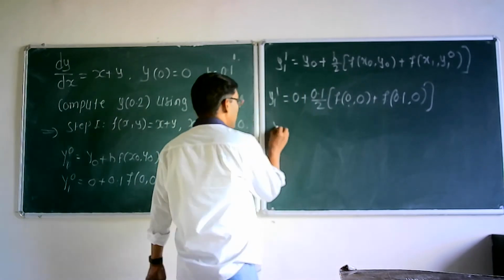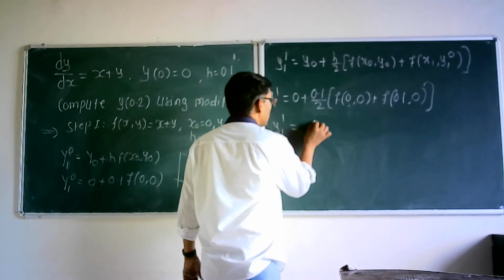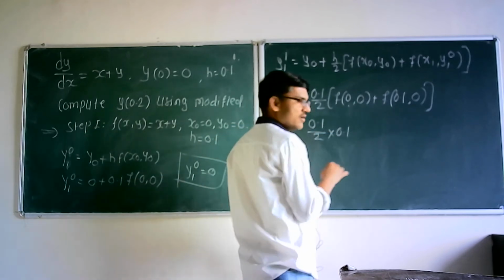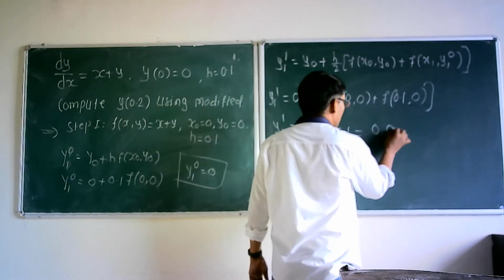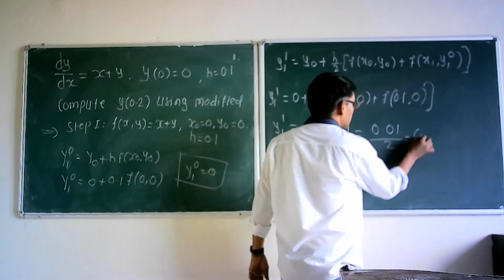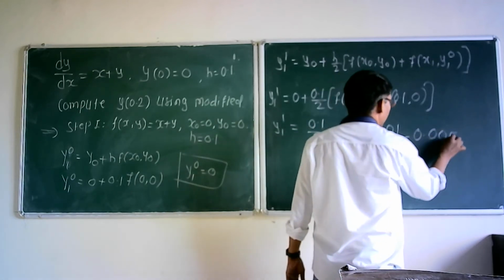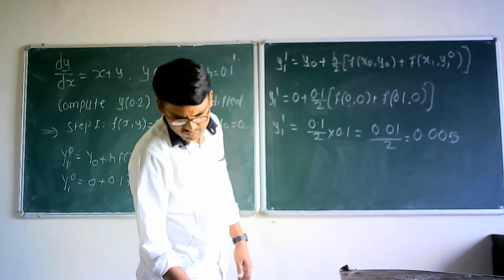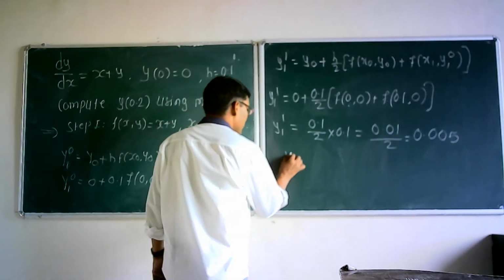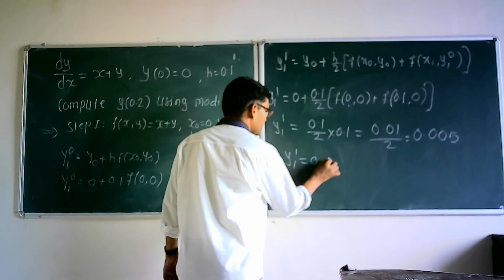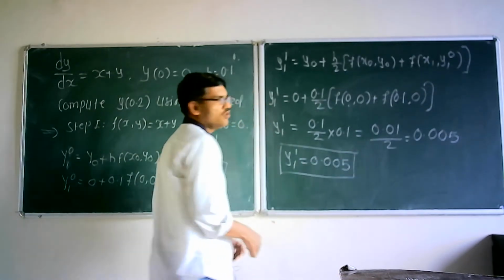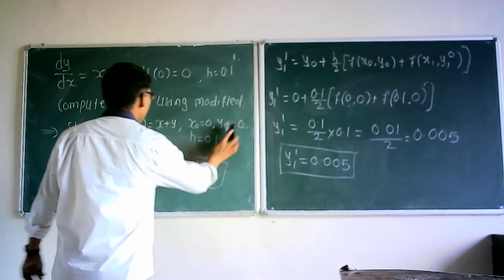So y1 1 is equal to 0.1 divided by 2 into 0.1, which is 0.01 divided by 2, so this is equal to 0.005. So y1 1 is 0.005. Now next we want to find y1 2.